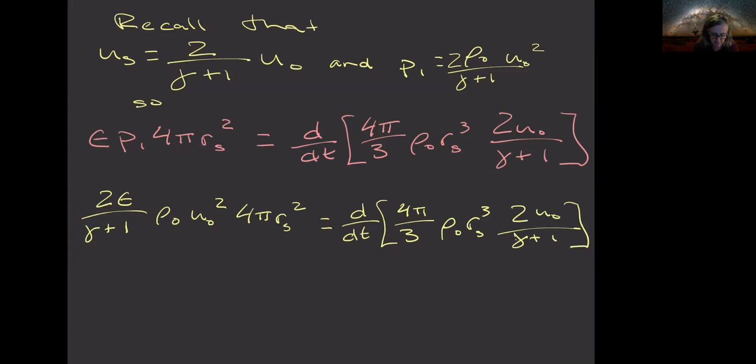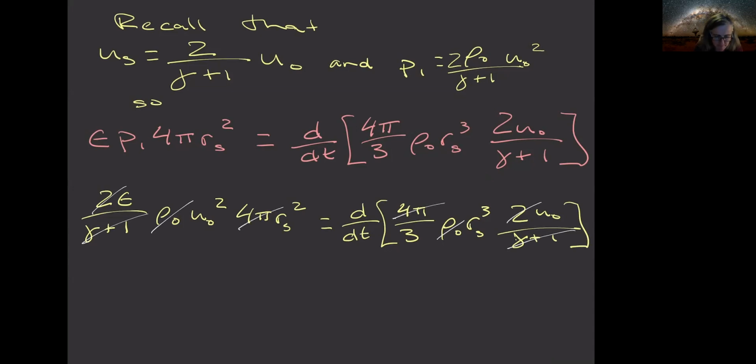So what things can we get rid of? We can get rid of the 2 and gamma plus 1. We can cancel out our rho naughts because rho naught is not dependent on time, and we can cancel out our 4 pi's.